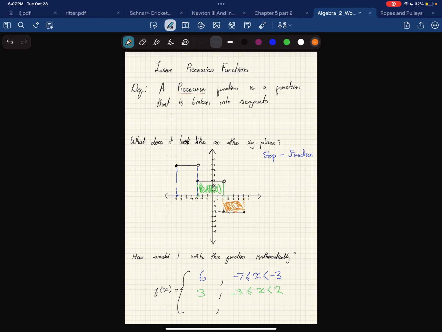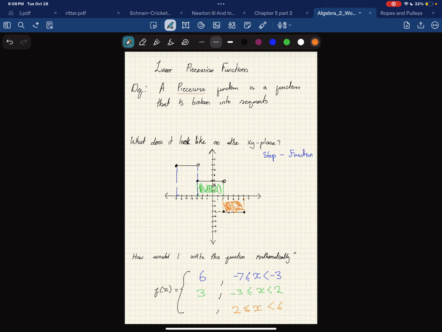Now the last part. The domain starts at 2, so my x value will always be greater than or equal to 2, but it will always be less than 6 for this region. These are basically the same thing as the square brackets and parentheses.